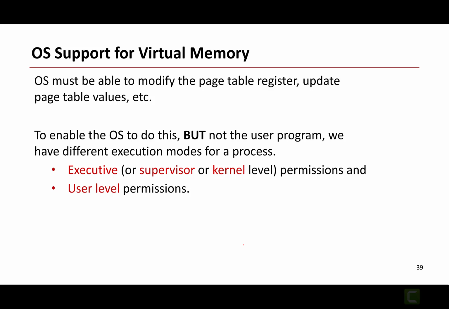And so in order to make sure that our processes, the programs that you and I write, don't modify the page table, the operating system has different levels of privilege modes. So it has a kernel level or a supervisor level or an executive level permission mode. So if you're running a particular program under this level of permission, that means a load or a store can access the page table, right?